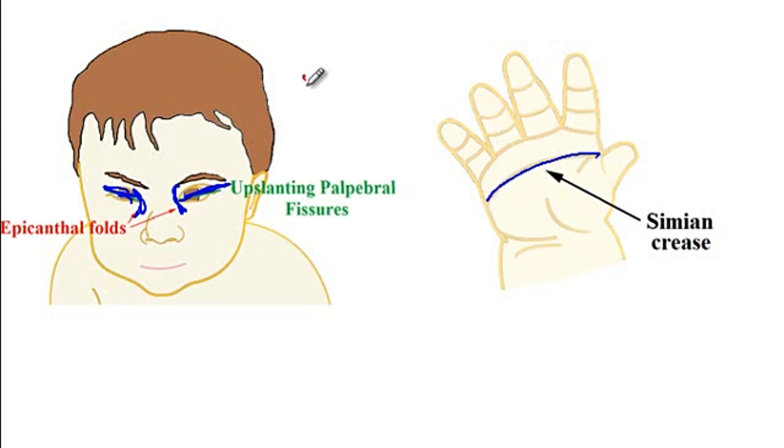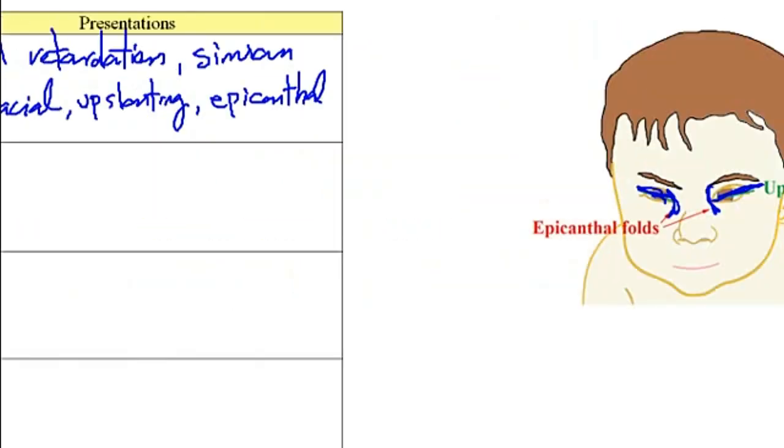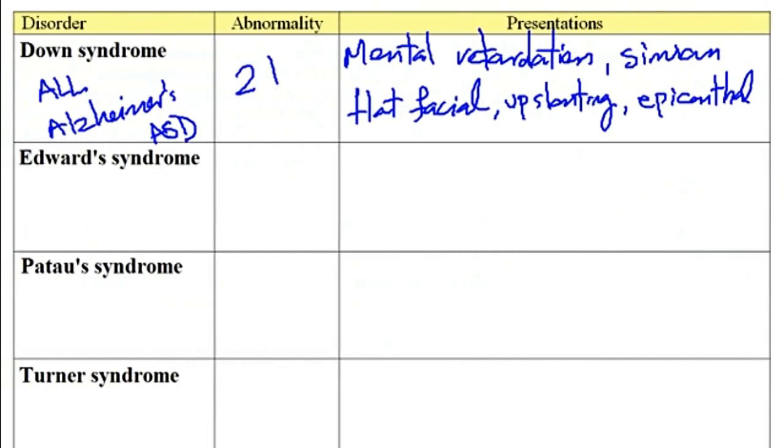And then other features we discussed is mental retardation, as well as increased risk of acute lymphoblastic leukemia, increased risk of Alzheimer's disease, as well as increased risk of cardiac septal defects.